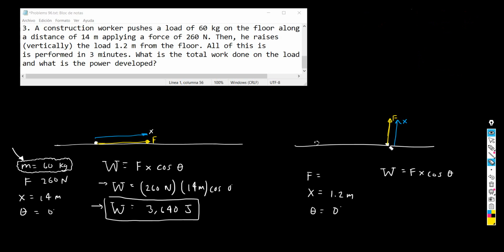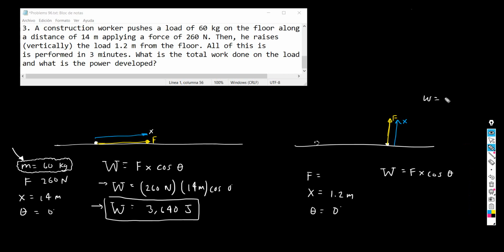So if I want to raise this object in here, now let's go back to the problem that we were working with. If I want to raise this object, I need to apply a force equal to its own weight. And how do I calculate the weight of this object? Well, we have the mass. So let's calculate the weight of this particular particle.